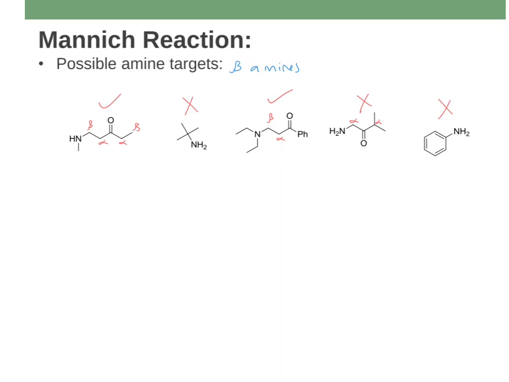And if I wanted to make them from a Mannich reaction, I would backtrack. I have my amine. It looks like it's just a methylamine, so I'm going to draw that, CH3NH2. I have this middle piece right here where the beta carbon is.